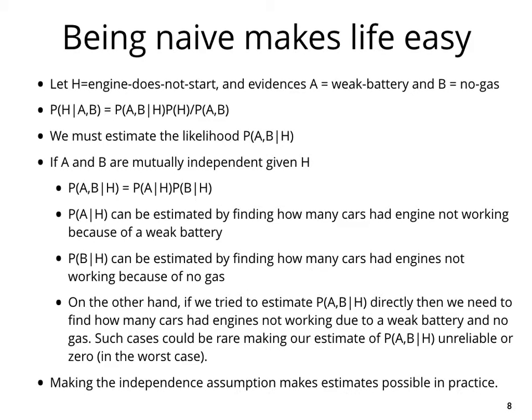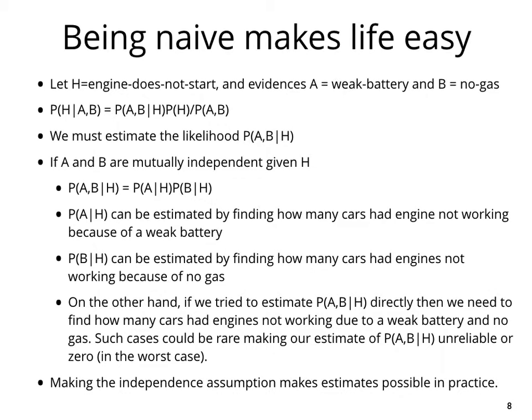So having this naive assumption, the independence assumption, is making life quite easy, because we don't have to observe the joint events any longer. We can just observe the individual events, and from there we can infer or compute the probability for the joint event.